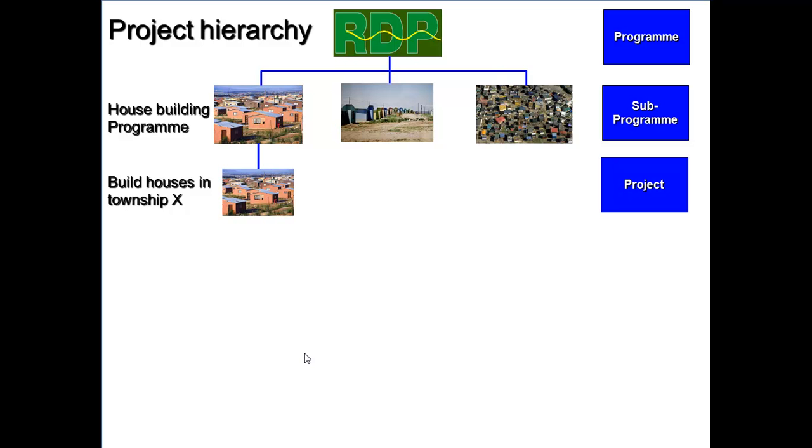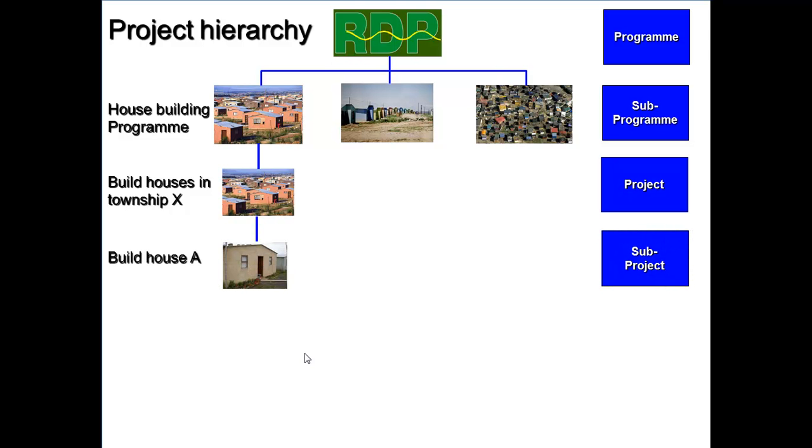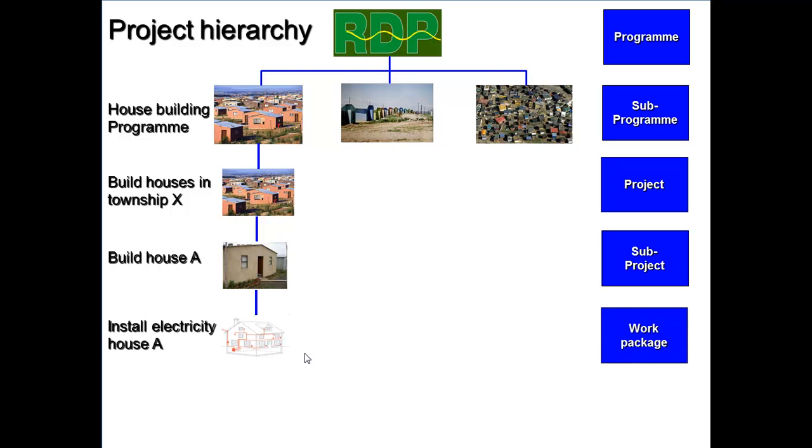Then we would say that the houses that we built in a certain township would be a project. So build houses in Kalafong or Katlehong would be a project. Then to build a specific house for a specific individual would then be the sub-project.